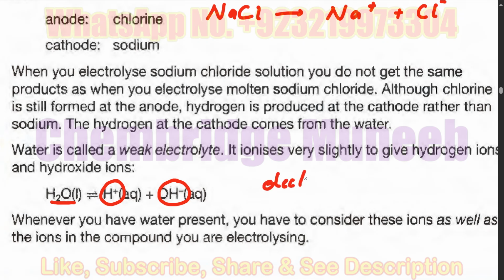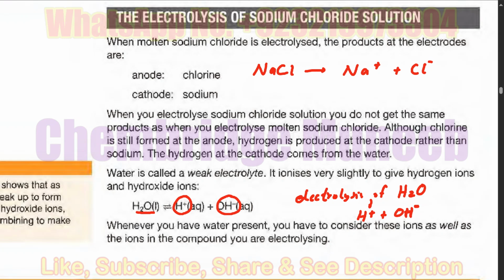The electrolysis of H2O will give you hydrogen ions plus hydroxide ions. So now we have two positive ions and two negative ions, right? Yes.